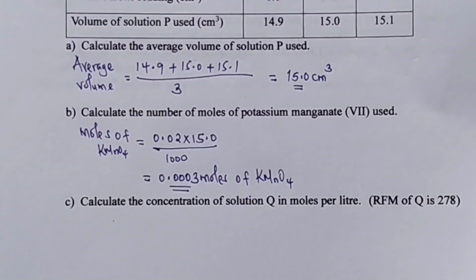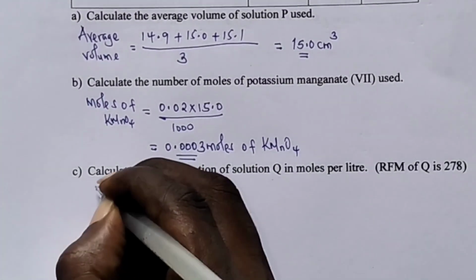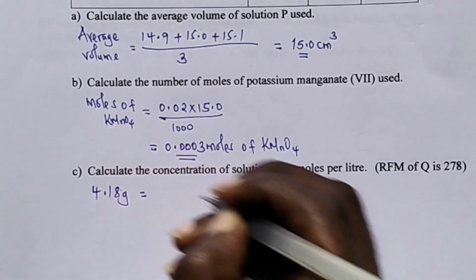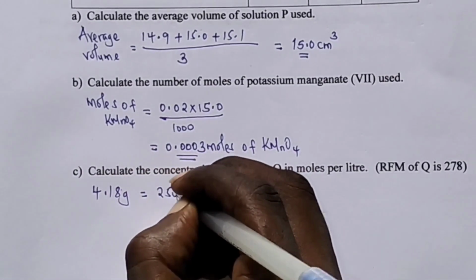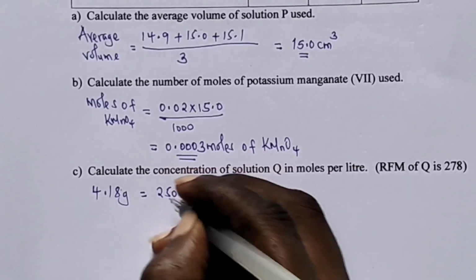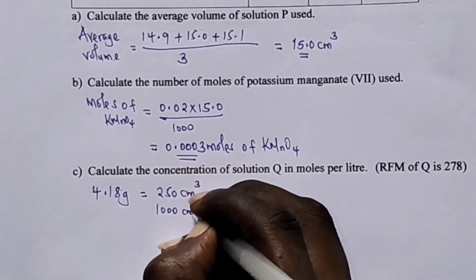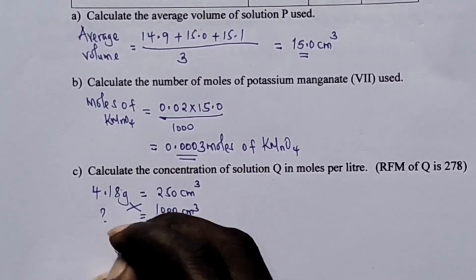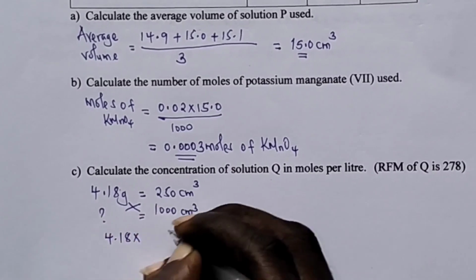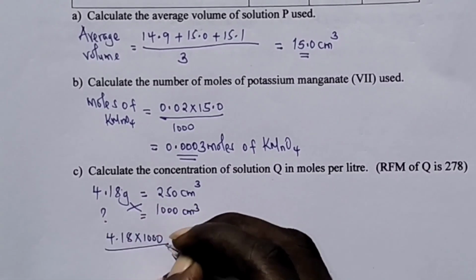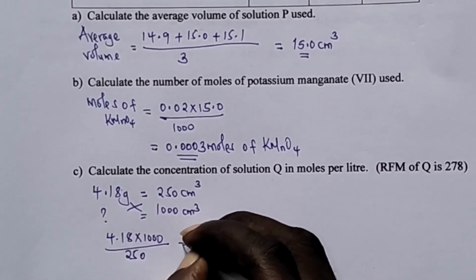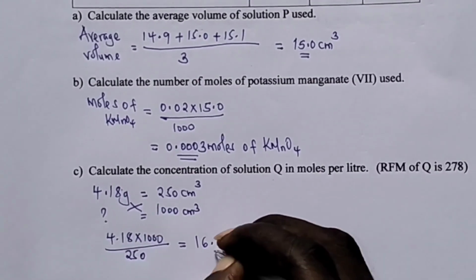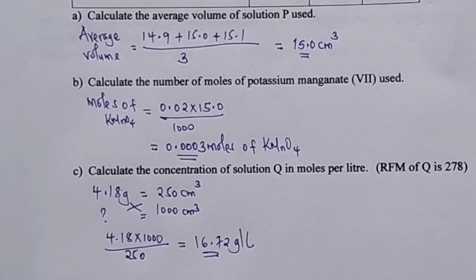So we can start there and say 4.18 grams of Q was dissolved in 250 cm³ of solution. What about 1000 cm³ of solution? What are we going to get? We cross multiply. There we are going to have 4.18 multiplied by 1000, then divided by 250. So here we are going to get 16.72 gram per liter. That will be the concentration in gram per liter.